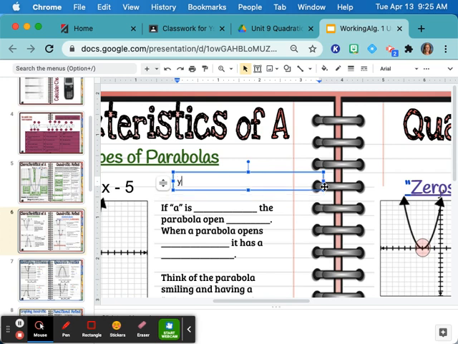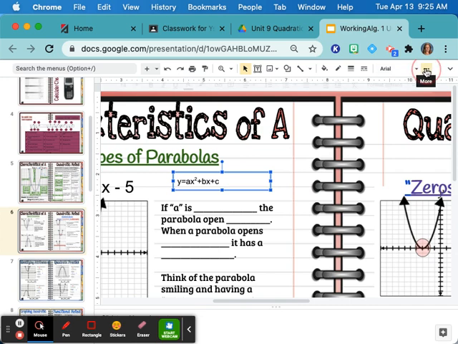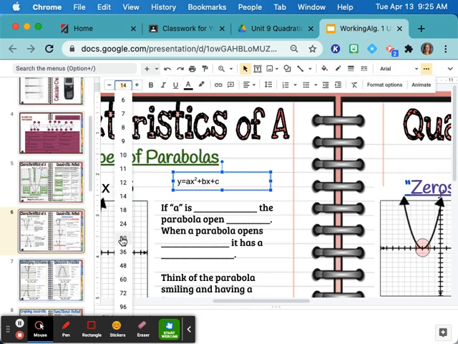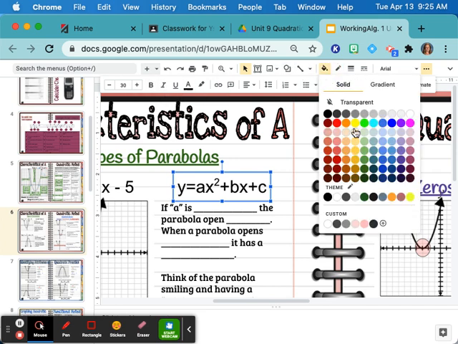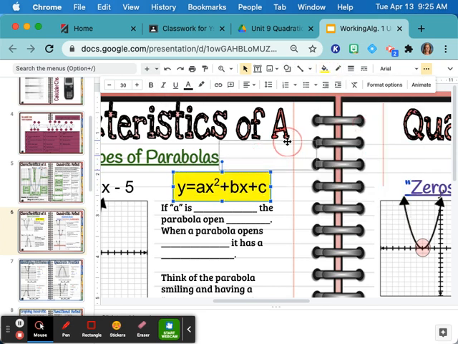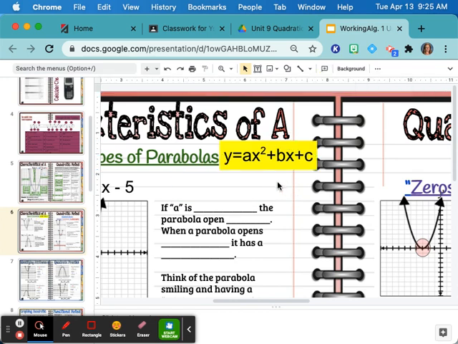So we're going to write y equals ax squared plus bx plus c. I'm going to make mine bigger, and I'm also going to shade it with yellow. This is called the standard form of a quadratic function.